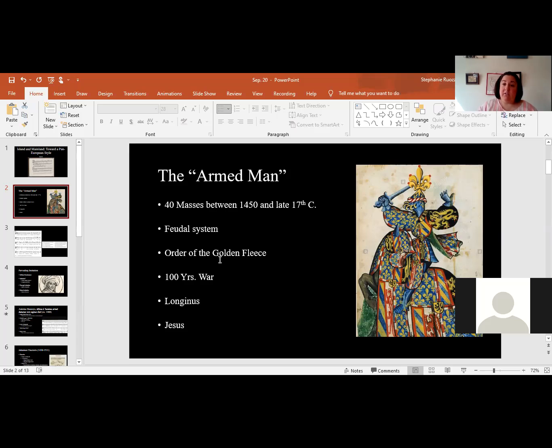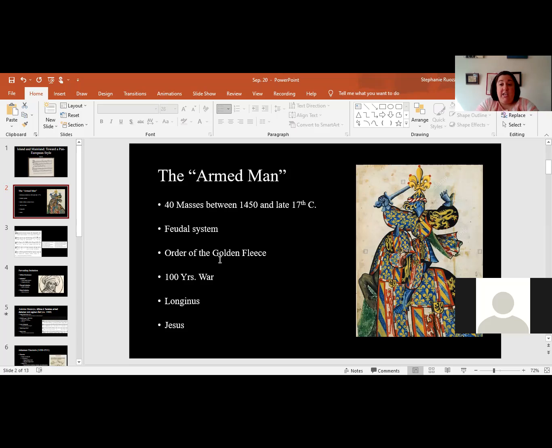Also, the idea of Longinus. Longinus was the Roman soldier in the Bible who pierced the side of Jesus as he was hanging on the cross, and supposedly was converted immediately. So this association of the armed man being Longinus.